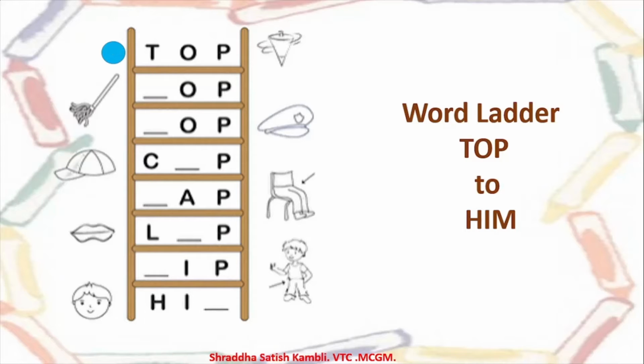You have to go from top, I told you, to him. Okay. So see, in T-O-P, top, and H-I-M, him, there are no letters which are common. So the entire set of letters will be changed. Alright. So come on, let's take a look at the clues. So for top, they've given you this clue here, top.